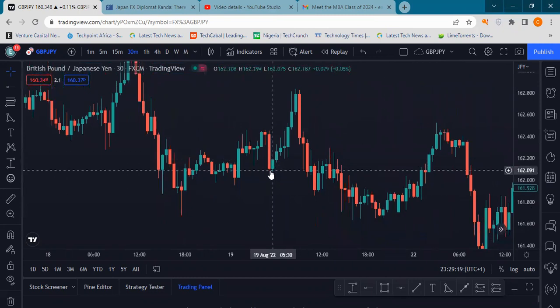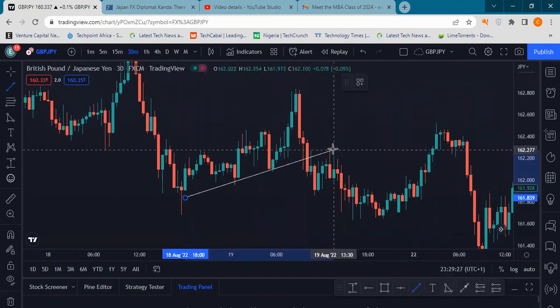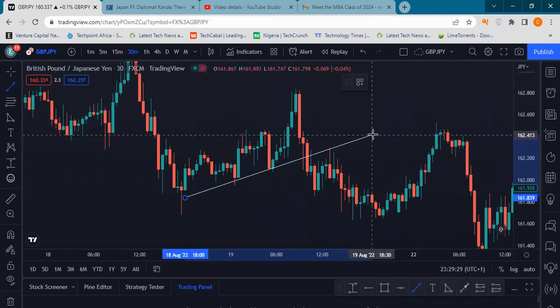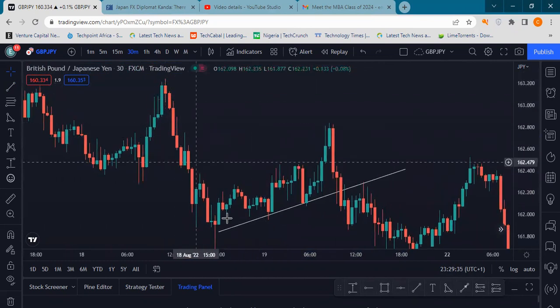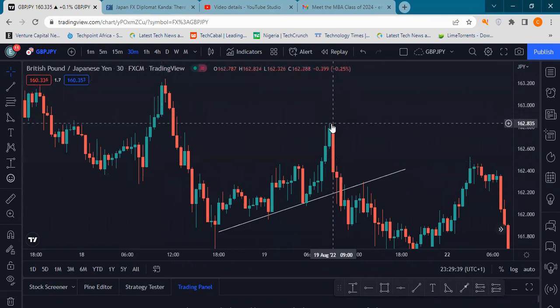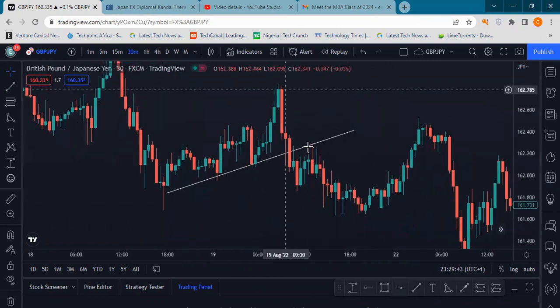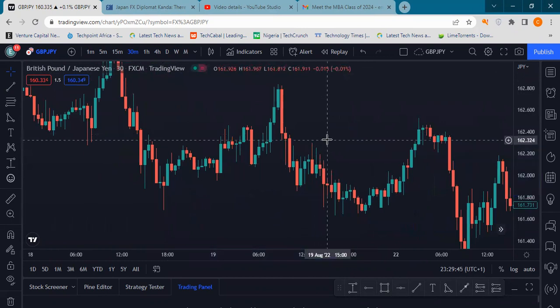Now looking at this, you could say that we were in an uptrend, right? But mind you, overall, we're in a downtrend because we have made a higher high, a lower high, making another lower high. We're most likely going to come down. So generally, we're in a lower trend. So let's just clean this up so it won't confuse you.